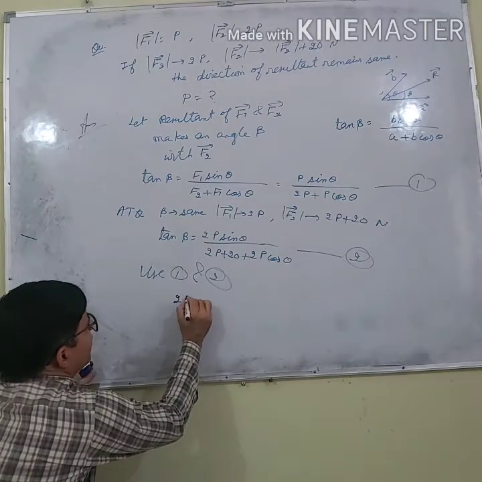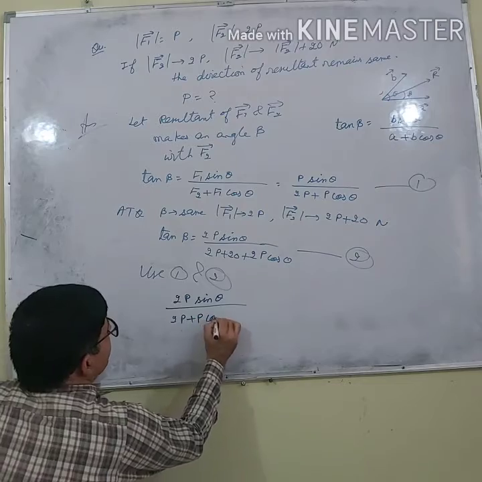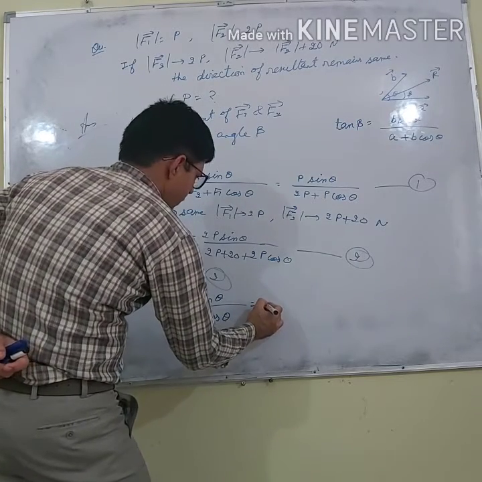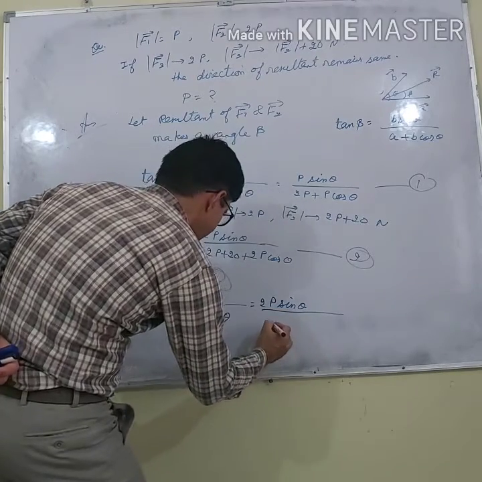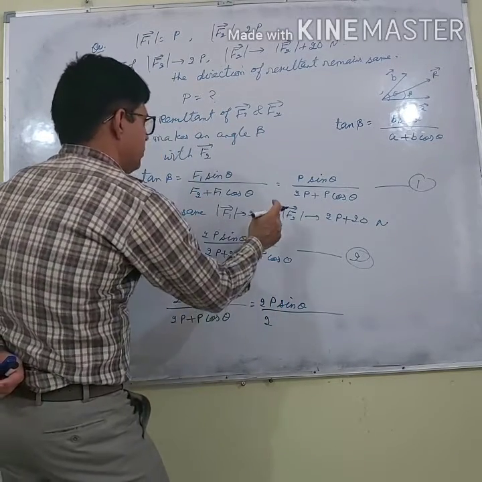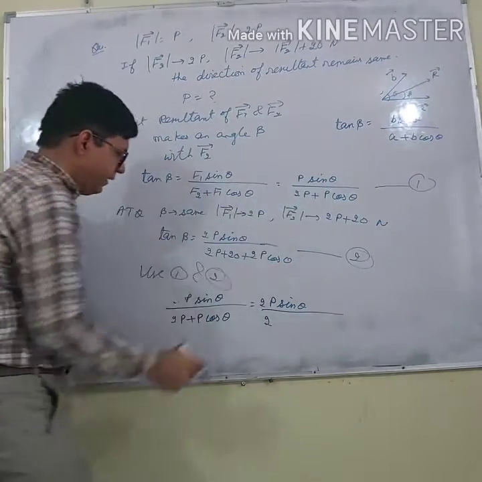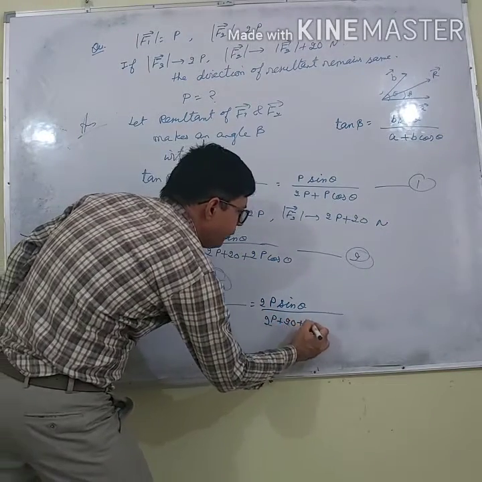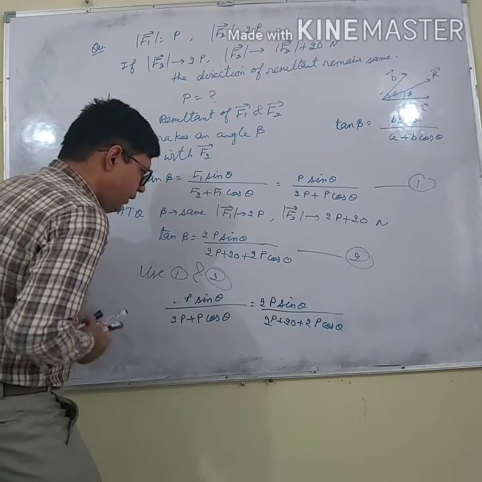Let's say 2p sin theta divided by 2p plus p cos theta equals 2p sin theta divided by 2p plus 20 plus 2p cos theta, from 1 and 2. So here, what is happening?